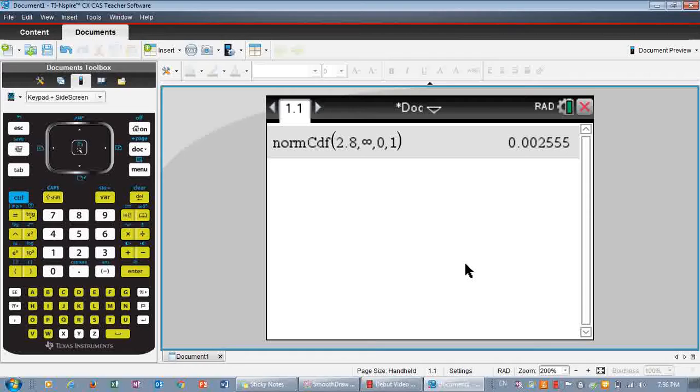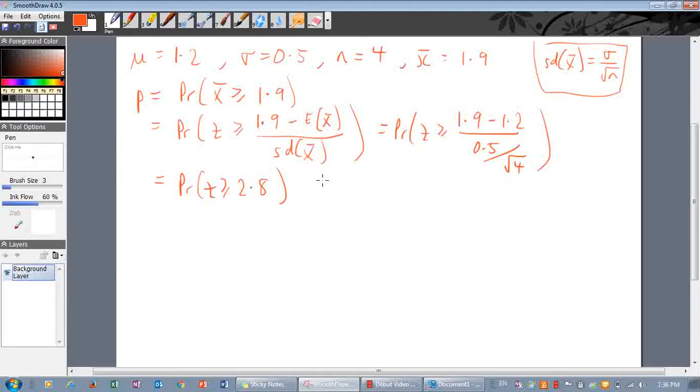So that's the probability of it greater than 2.8, and that's 0.00256, which is approximately equal to, let's just put it in percentages so you can sort of see the weight of it, 0.256% chance.